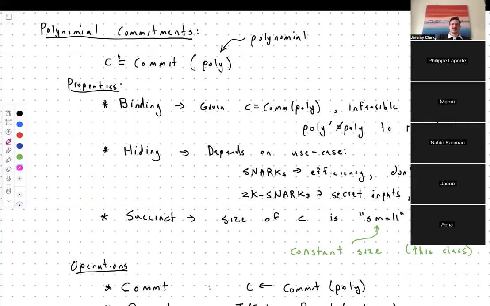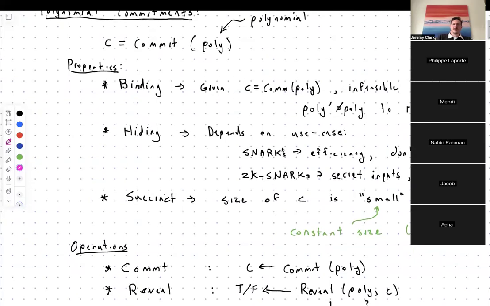The hiding property is that if I give you C, can you figure out what the polynomial is? And the answer is that you can, so for KZG commitments, you can actually run it in one of two modes. You can run it in a mode where it's not possible to learn what the polynomial is by looking at C. And there is another mode where you might be able to guess: if you have a guess at what the polynomial is, then you can test whether your guess is correct or not.